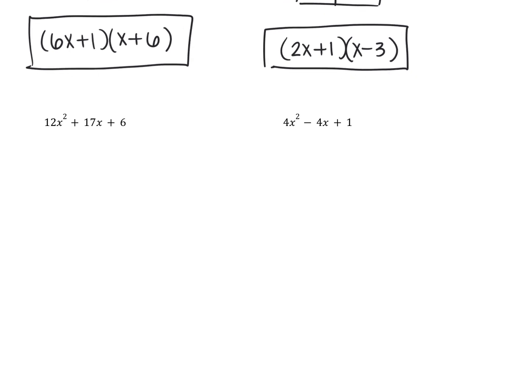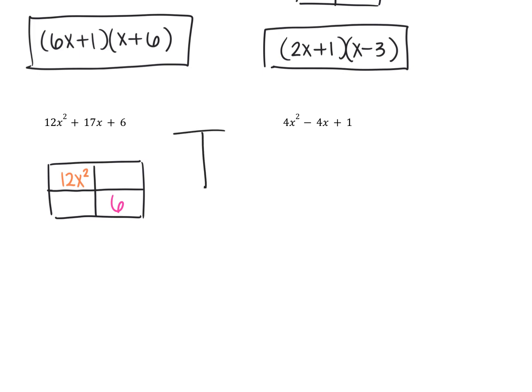Next example, 12x squared plus 17x plus 6. I'm going to have 12x squared in my top left, 6 in my bottom right. So 12 times 6 is 72. I'm looking for the numbers that multiply to 72 and add to 17, which is going to be 9 and 8.